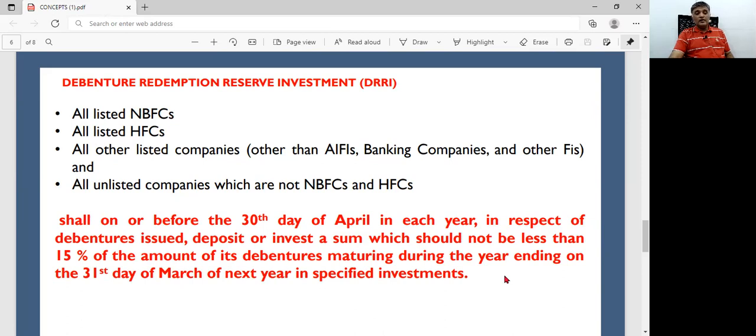So you need to create a DRI to the extent of 15% of the amount of debentures to be redeemed, and this DRI should be done on or before the 30th day of April. 30th of April is the timeline.